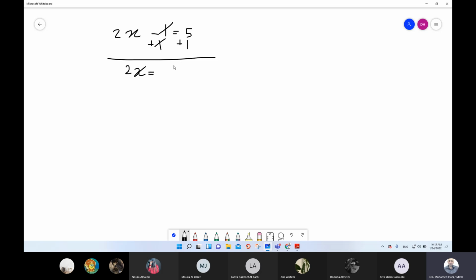And here 5 plus 1 will be 6. Then we want to remove the coefficient, so divide the two sides by 2. Remains x and remains 3. So the solution of this equation is 3.